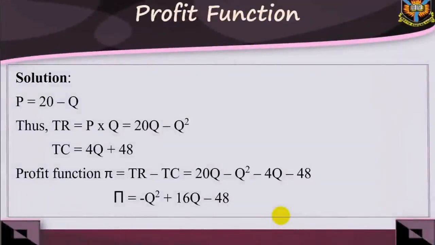Solution: P equals 20 minus Q, thus TR equals P times Q, which equals 20Q minus Q squared. TC equals 4Q plus 48. Profit function: pi equals TR minus TC, which equals 20Q minus Q squared minus 4Q minus 48, which equals minus Q squared plus 16Q minus 48.